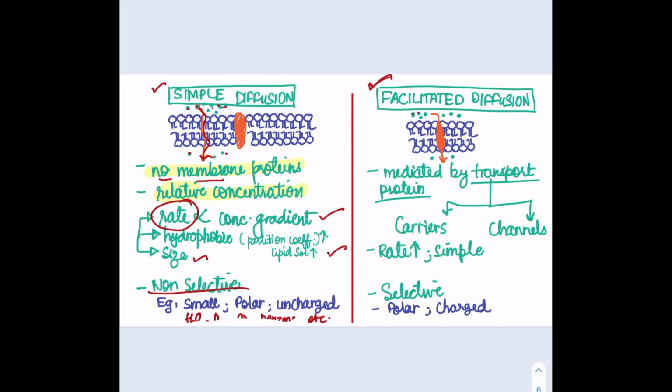Facilitated diffusion, as the name itself indicates, is where the diffusion of solute is mediated by a transport protein, which could either be a carrier or a channel. The rate of diffusion here is relatively more than the simple type, and it is selective in nature. Examples of solutes diffusing through this type are usually polar and charged, like carbohydrates, amino acids, and ions.